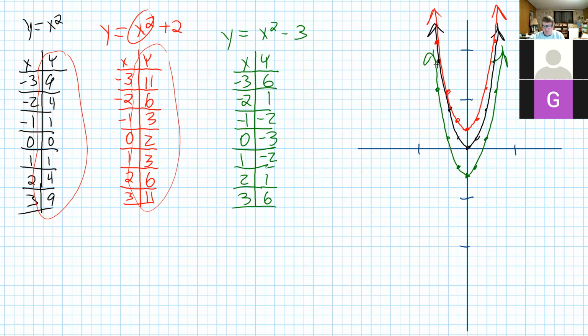Same shape, but move down. So what does this do? It moves the whole thing up or down, which also moves the vertex up or down, doesn't it? Okay? Questions there? No, I don't have any. All righty.